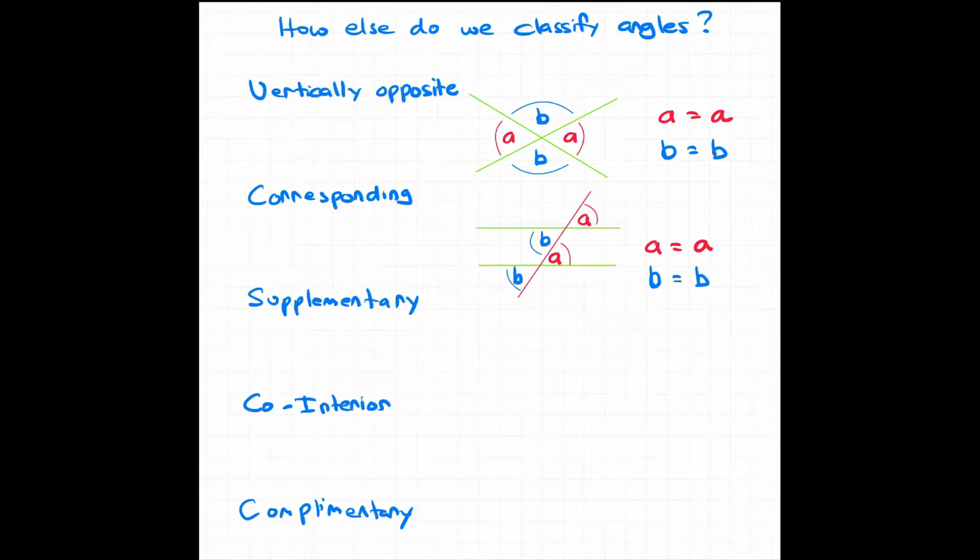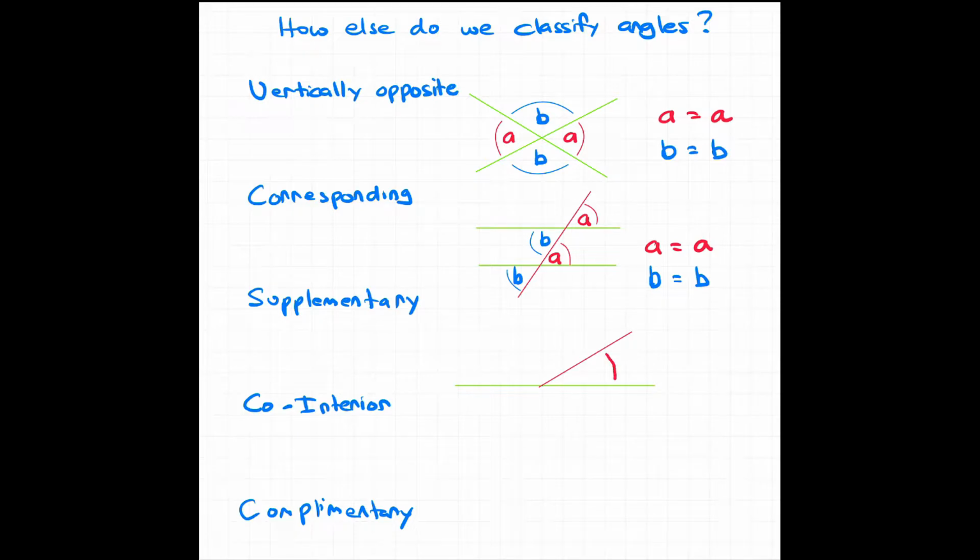Okay, now we're going to look at supplementary angles, and to make a supplementary angle we need a straight line, which is essentially 180 degrees. Off of that I need another line forming two angles.